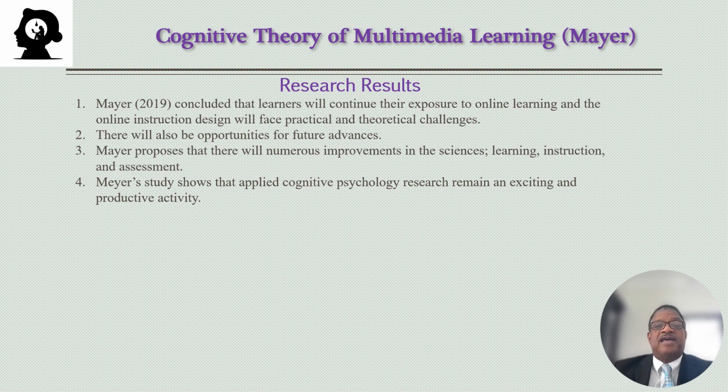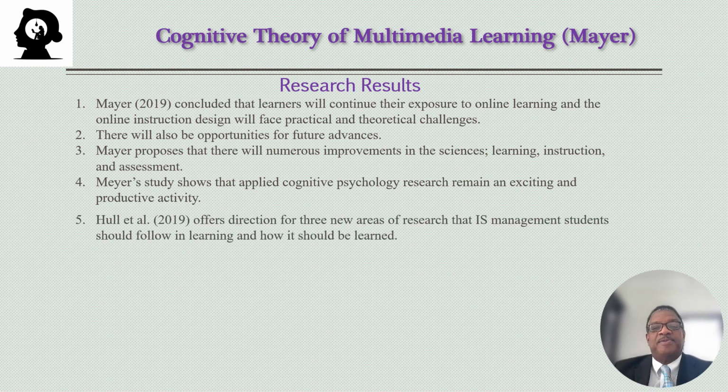Mayer proposes that there will be numerous improvements in the sciences in learning, instruction, and assessment. Mayer's study shows that applied cognitive psychology research remains an exciting and productive activity. So there's still a lot going on. There's still a lot to learn. And as we say, as technology continues to go forward, so does the opportunity to learn more and to integrate more into the classroom.